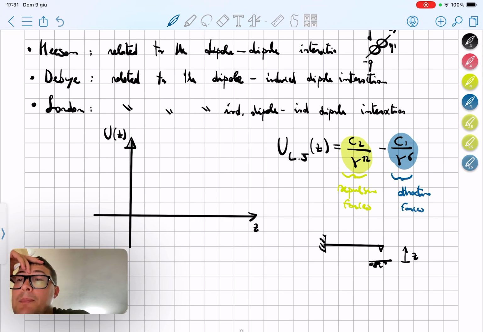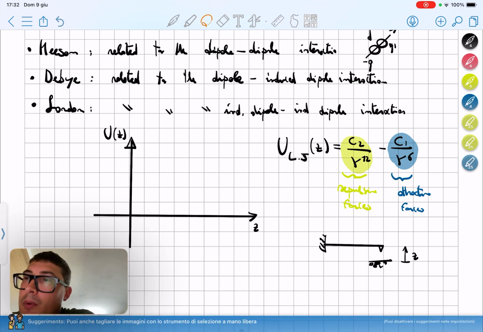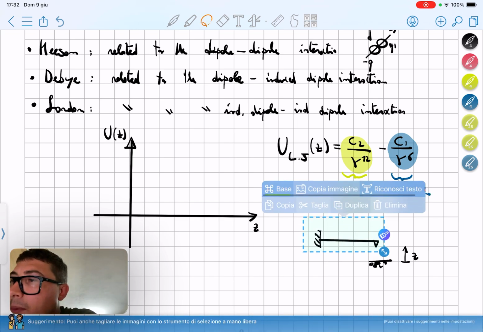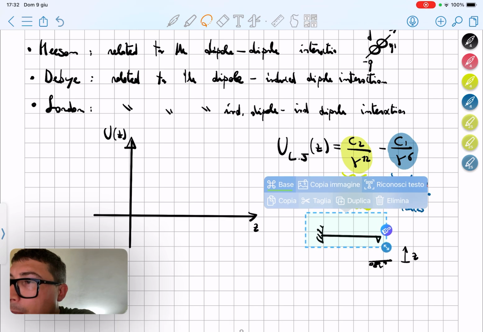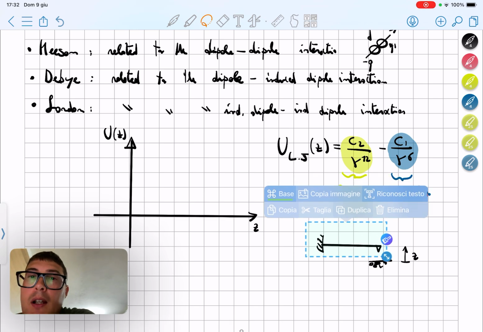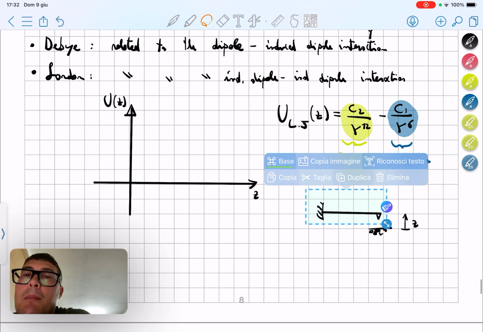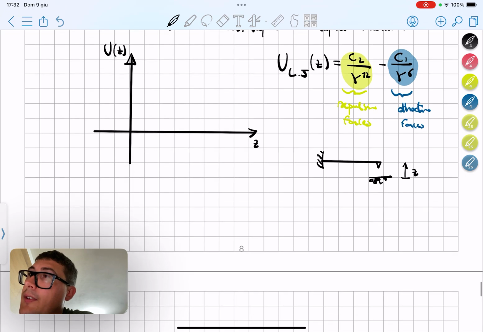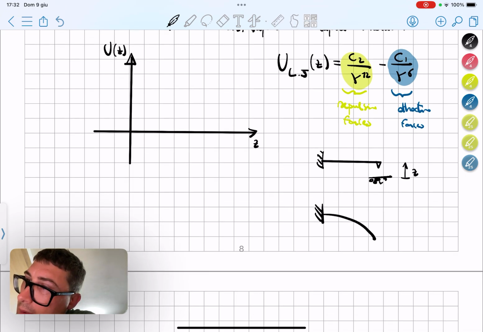Because when the tip is approaching the sample, let me picture it this way. When the tip is approaching the sample, there will be some attractive forces which cause the cantilever to bend toward the sample, okay, this way.